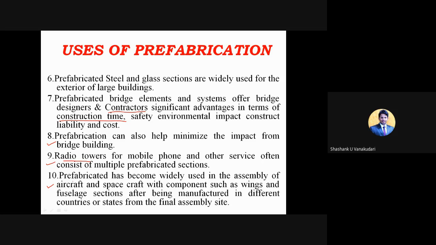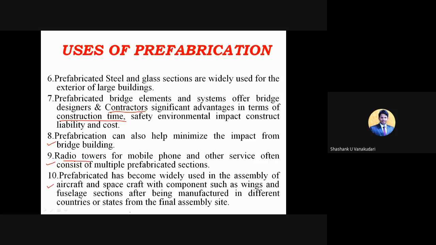Next, prefabrication has become widely used in the assembly of aircraft and spacecraft, with components such as wings and fuselage sections manufactured in different countries or states from the final assembly site. So you can see it is not only used in construction sites, but also in other applications like the construction of aircraft. Several parts are manufactured at the required manufacturing site and then assembled at the required location.